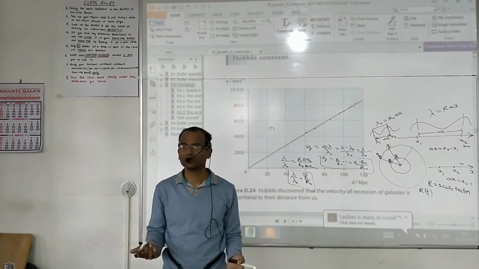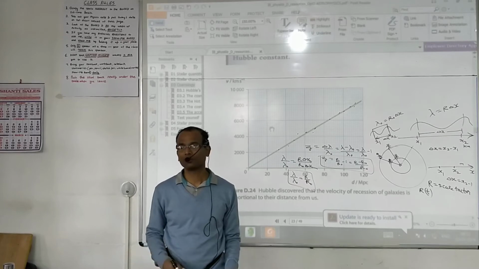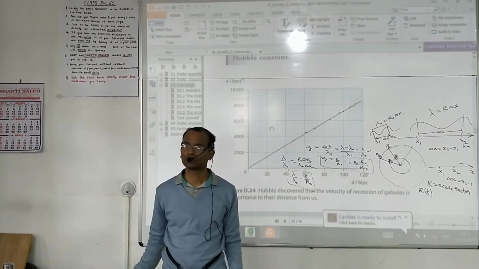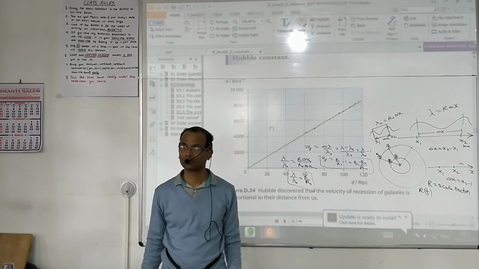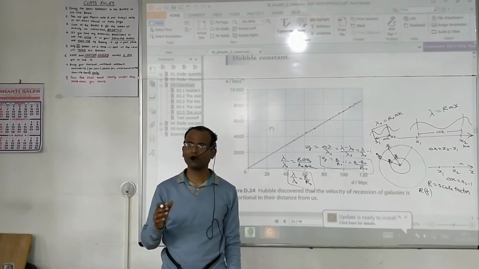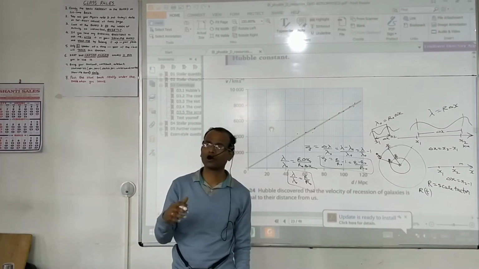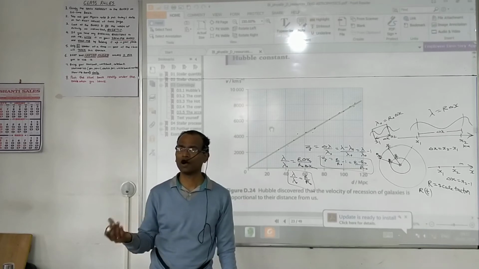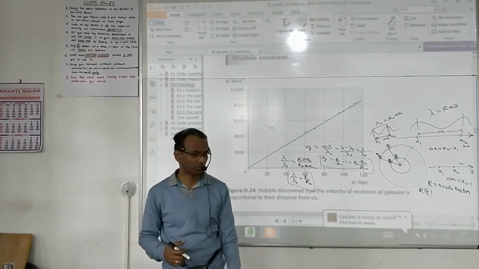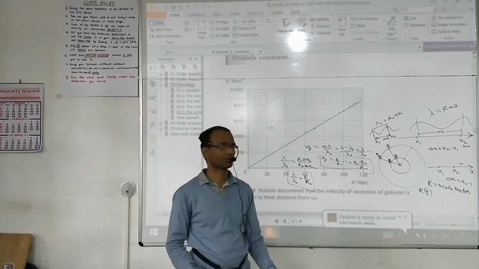So the expansion of space doesn't have any speed limit. Expansion of the universe and expansion of space are the same thing; the universe is the space. The special theory of relativity is a limit on speeds for objects, for particles which have mass, not empty space. So that's how this paradox is explained.